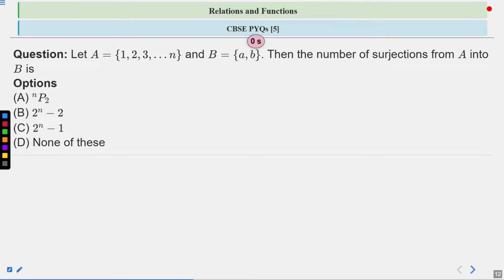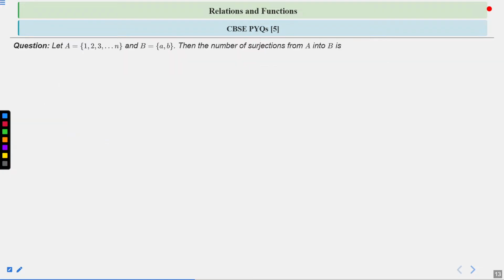Okay, let us move to the solution part. The question says let A is equal to 1, 2, 3, 4 till n and B is equal to {a, b}, then the number of surjections from A to B, that is the number of onto functions from A to B, is... So the option will be option B, that is 2 to the power n minus 2.